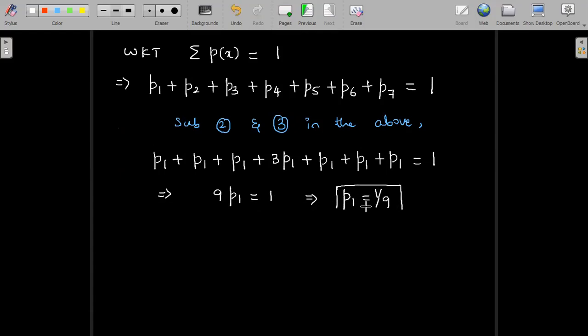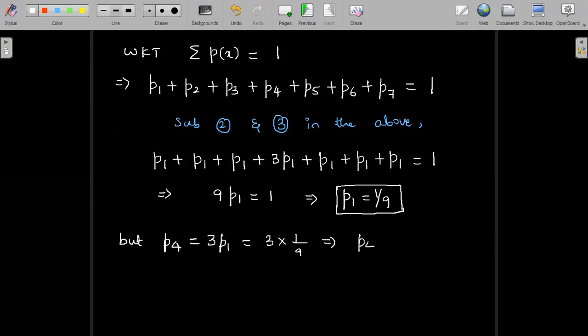So if P1 is 1 by 9, P2, P3, P5, P6, P7 are all equal to 1 by 9 except P4. We shall now find out P4, which is 3P1. So this is 3 into 1 by 9, which gives us P4 as 1 by 3. That is why I found P4 separately. Now the same values can be put in the form of a table.